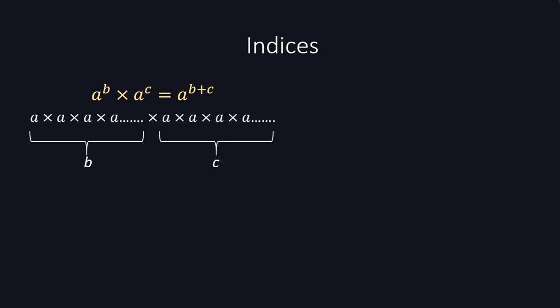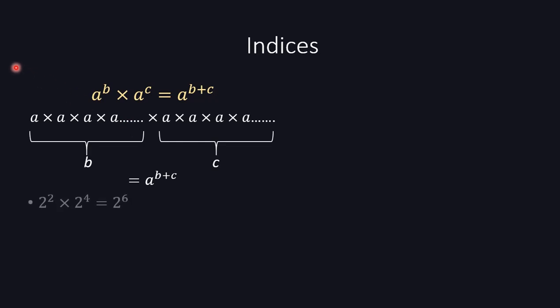Alright, so if we have this expression where a is multiplied with itself b times, and then that expression is multiplied with another expression which consists of a being multiplied with itself c times, in total it's going to be a multiplied with itself how many times? B plus c times, and therefore the power of a is going to be b plus c, and now we know that this rule is actually true and we understand the reasoning behind it.